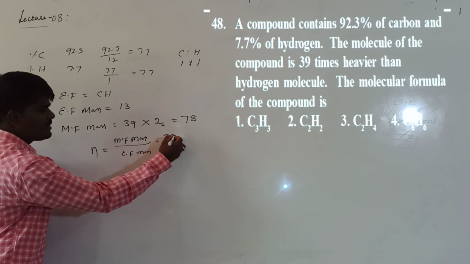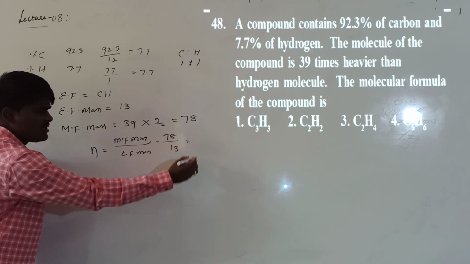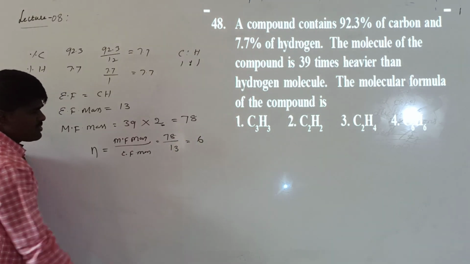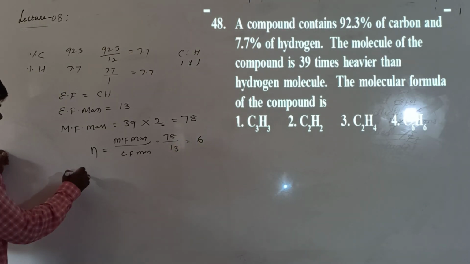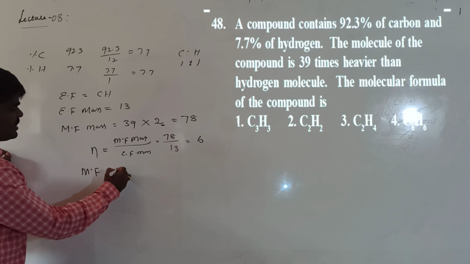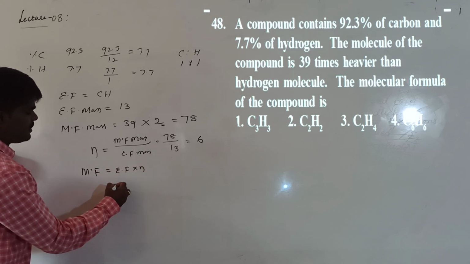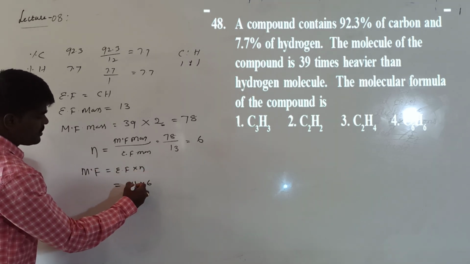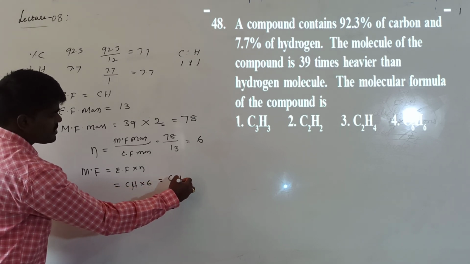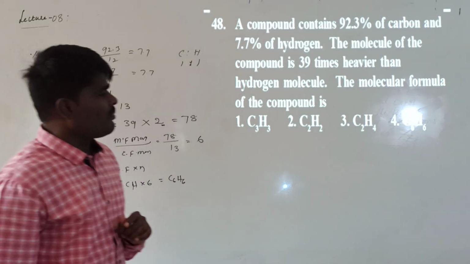What is the molecular formula mass? 78. What is the empirical formula mass? 13. So what is n? It comes to 6. So what is the molecular formula? The molecular formula is equal to the empirical formula into n, that is CH into 6. How much does it come to? C6H6. So the molecular formula of the compound is C6H6.